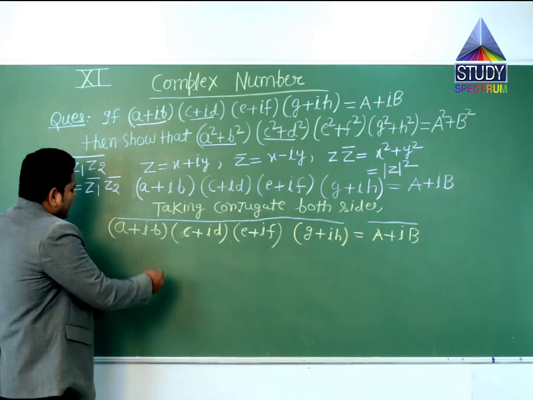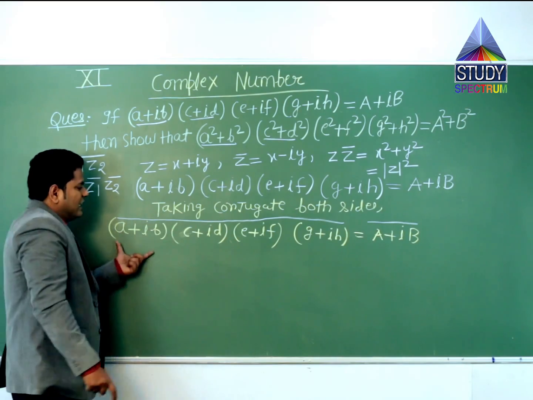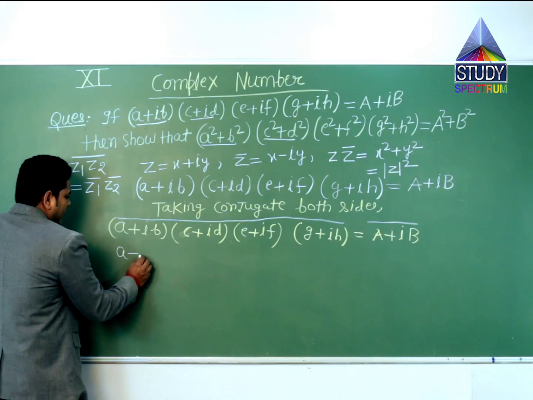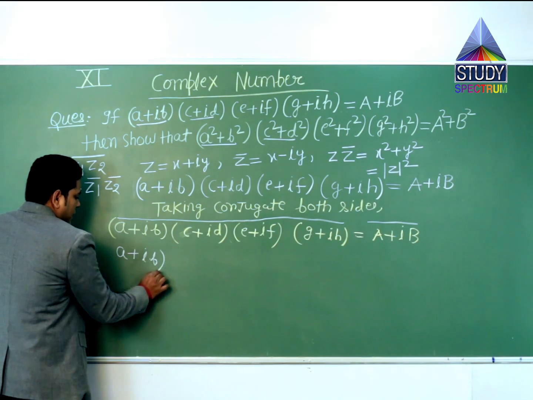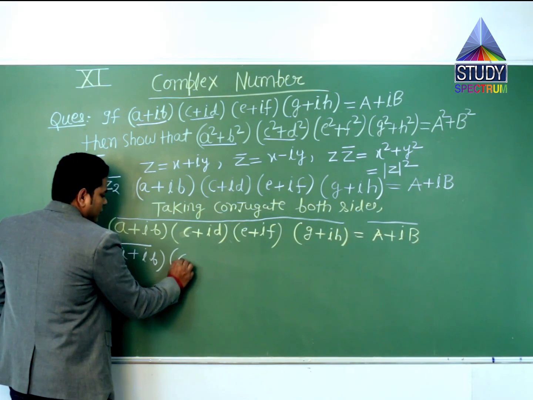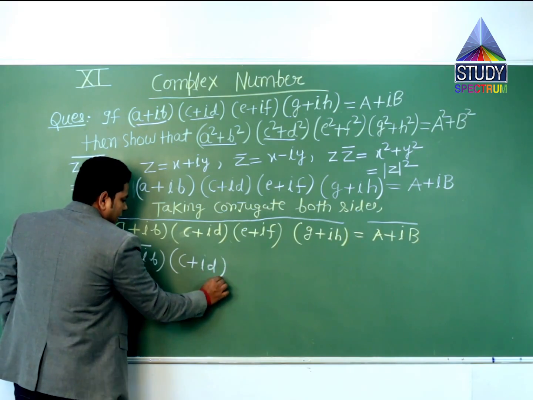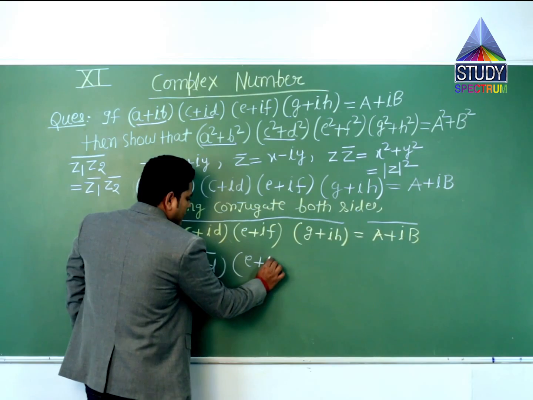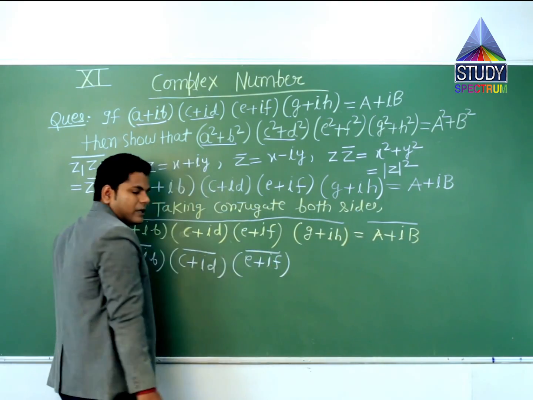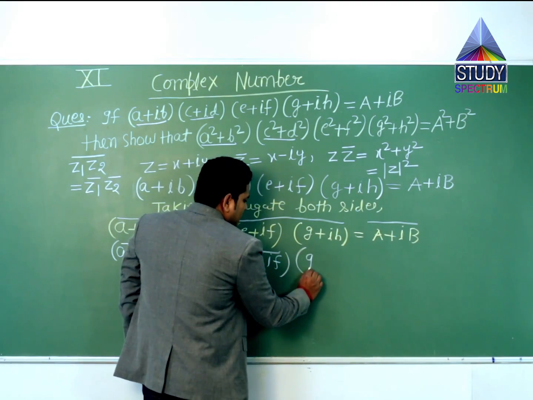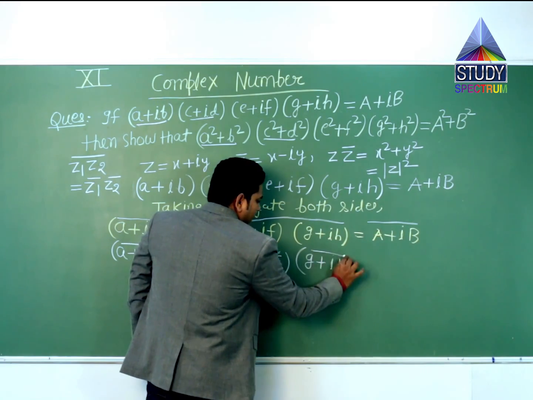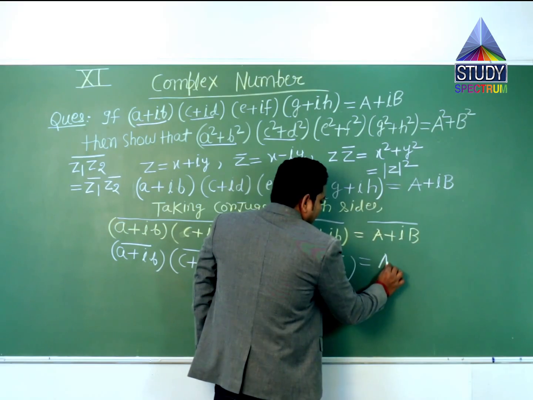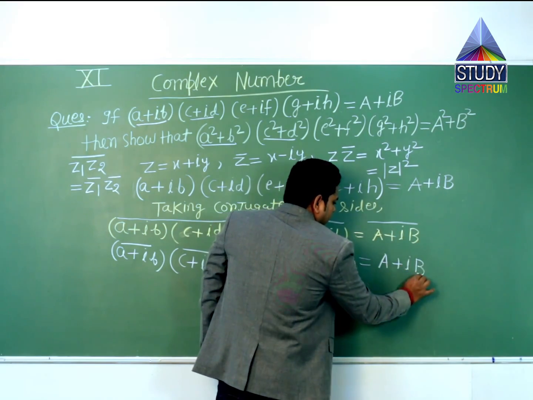It means we will give this bar sign to each and every complex number. So we are left with (a plus ib) bar into (c plus id) bar into (e plus if) bar into (g plus ih) bar, and on RHS we have (capital A plus i capital B) bar.